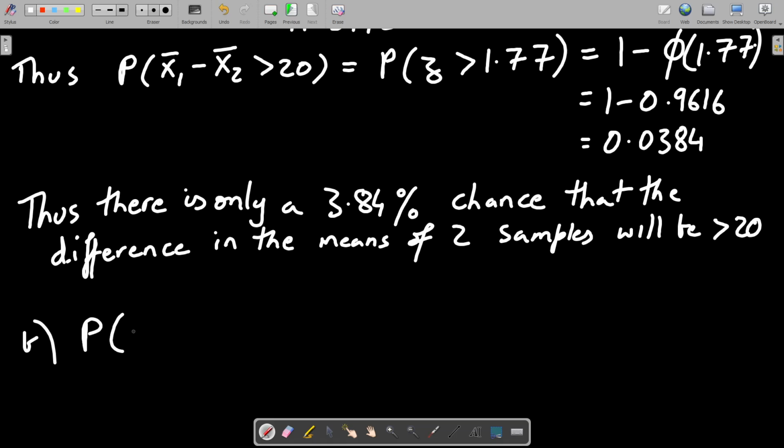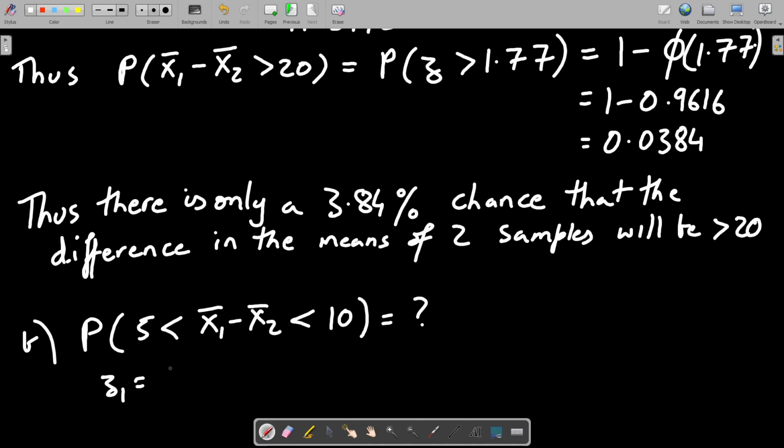B part of the question actually means that it varies between 5 to... this is the question in B part, right?